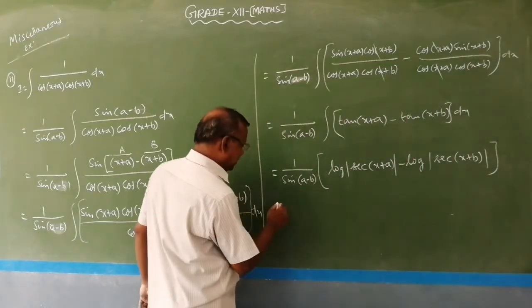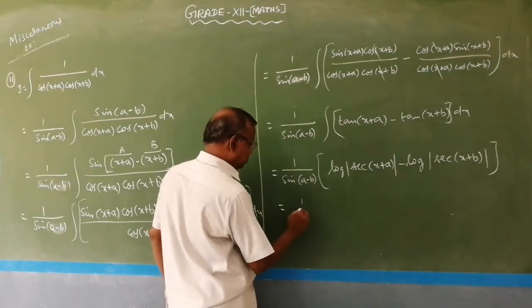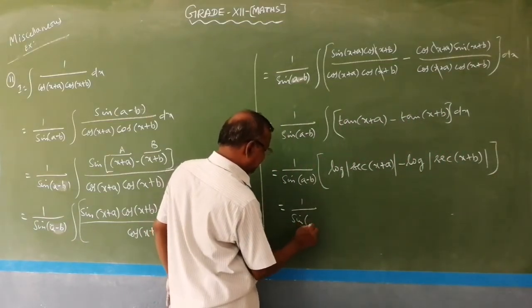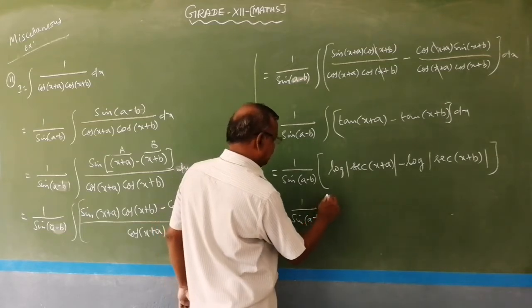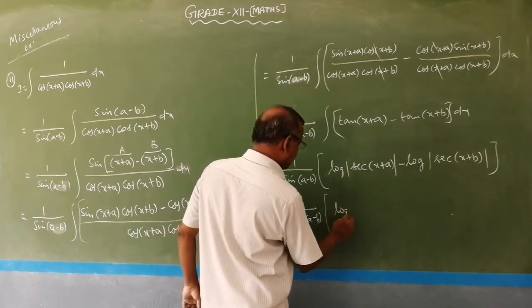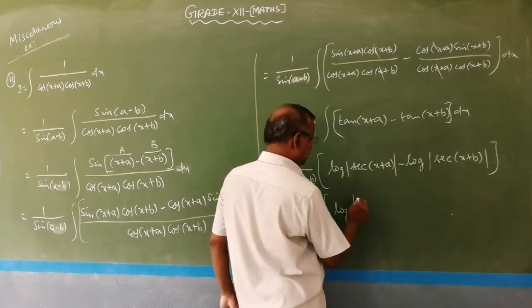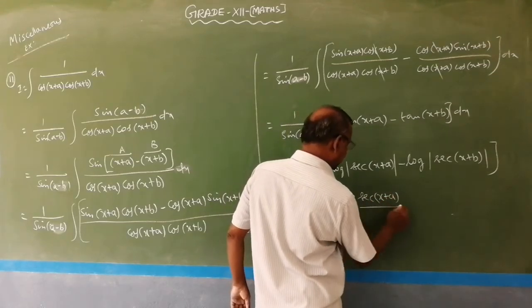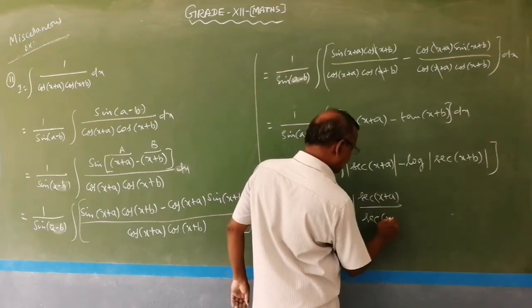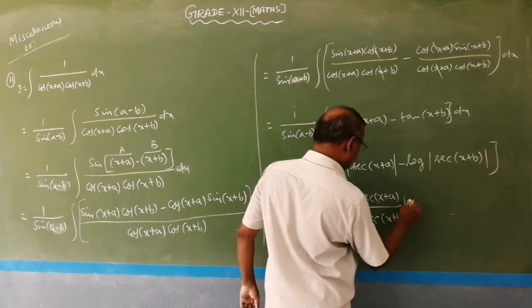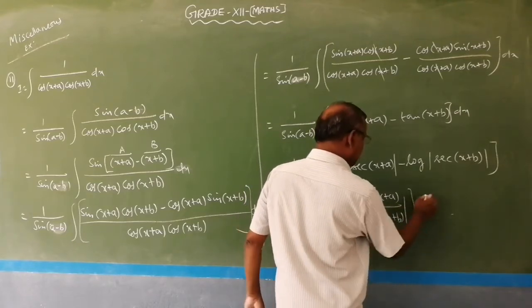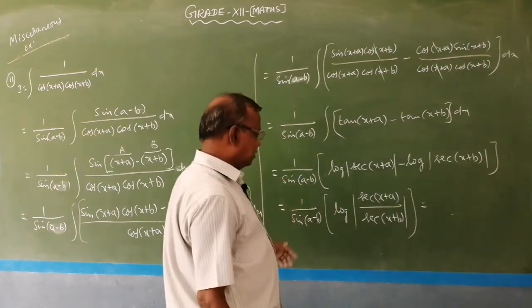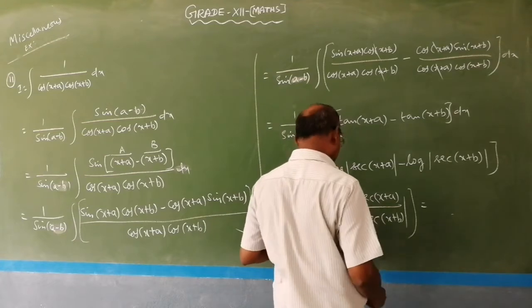We know that log a minus log b equal to log a by b. So we can write this as 1 by sin of a minus b into log of modulus of secant of x plus a divided by secant of x plus b. Now it is one answer, either plus c, or we can remodify this.